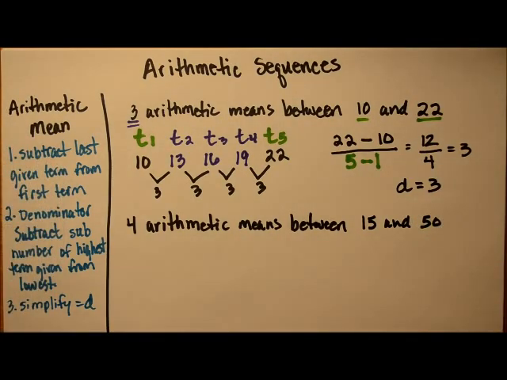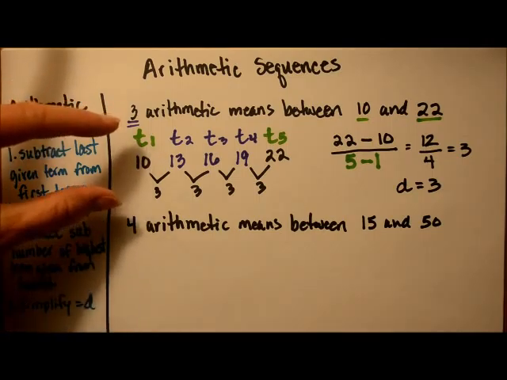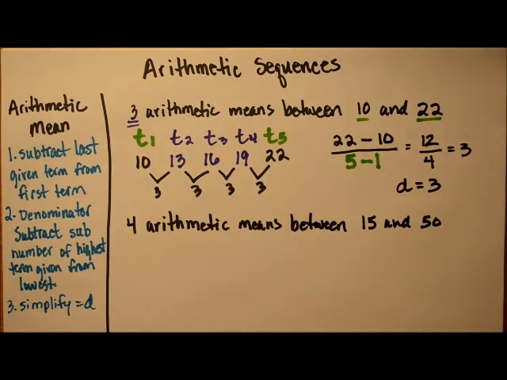So that means I want 4 arithmetic means between those two. If you think you can do this, stop the video, follow what's in blue here, follow my example and see if you can solve it. So go ahead and pause it and see what you can do.